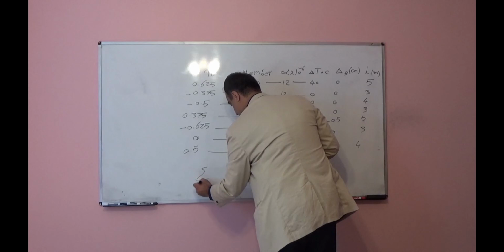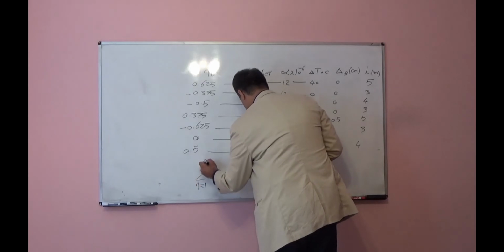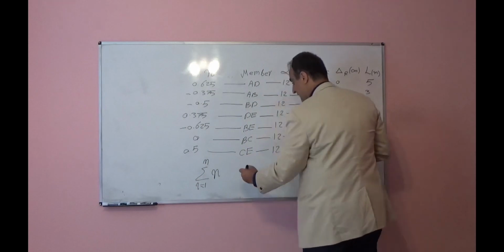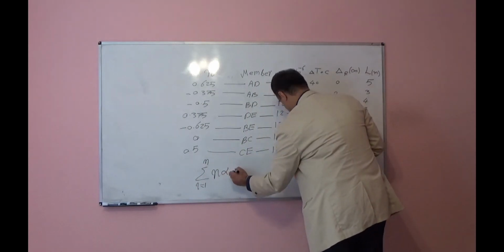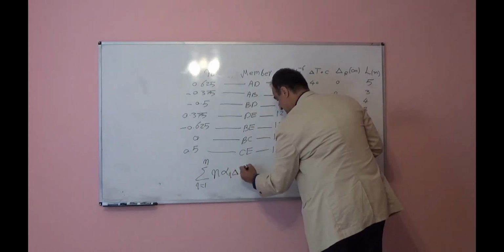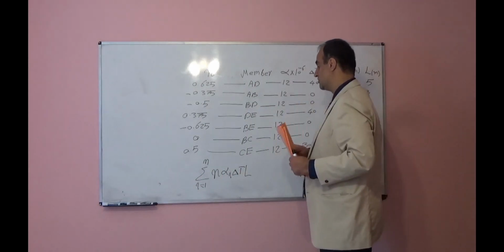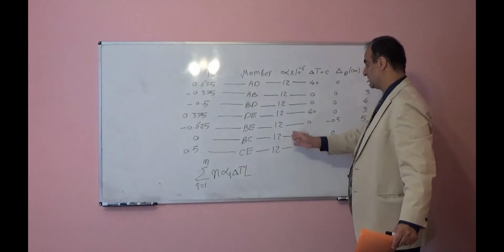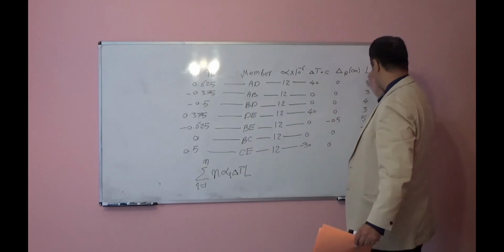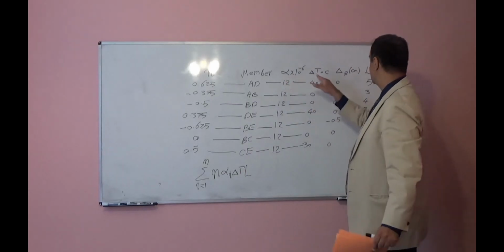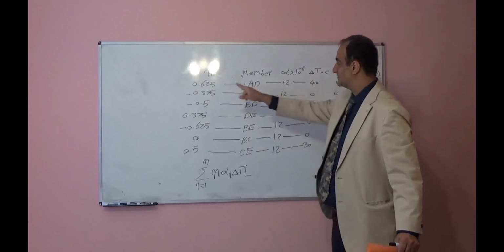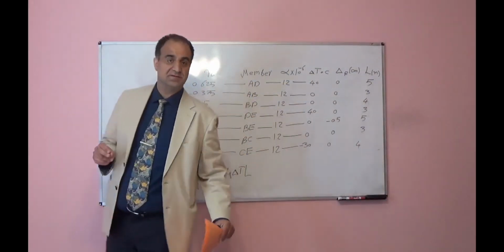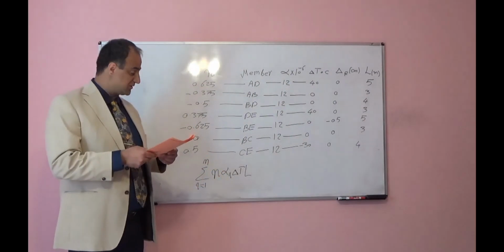So summation from i equal to 1 to n of n alpha delta T L, where n is internal force in truss member because of that virtual load.